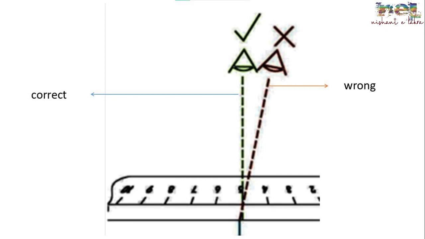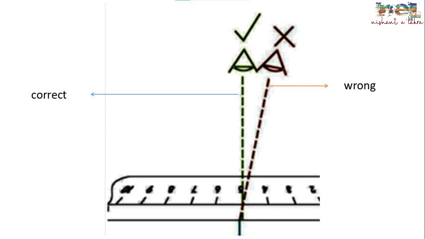It should be vertical, 90 degrees above the scale, so that you can read the exact measurement. You can look at the exact mark. On your screen you can see the correct position of the eye for reading, and the wrong position of the eye for reading the scale.